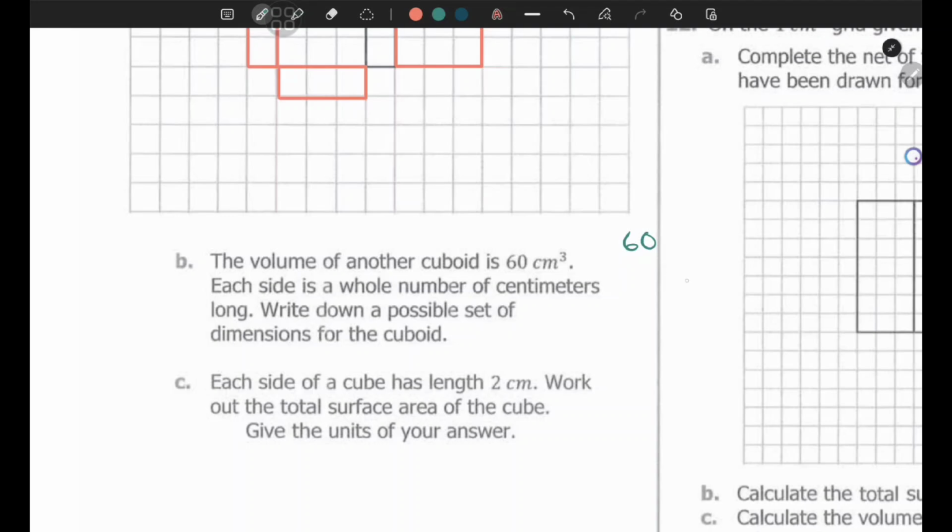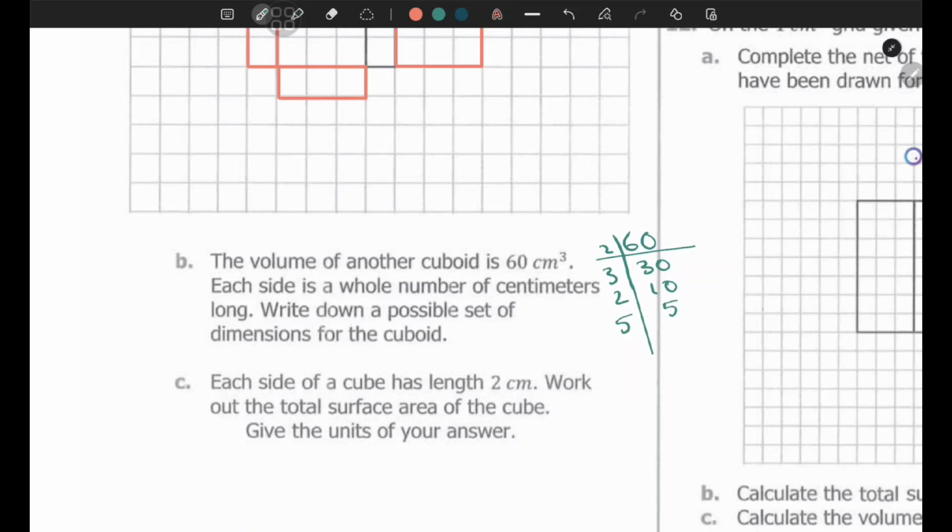So the factors of 60 are 2, which gives us 30, 3, which gives us 10, and then we have 2 again, which gives us 5, and then we have 5.